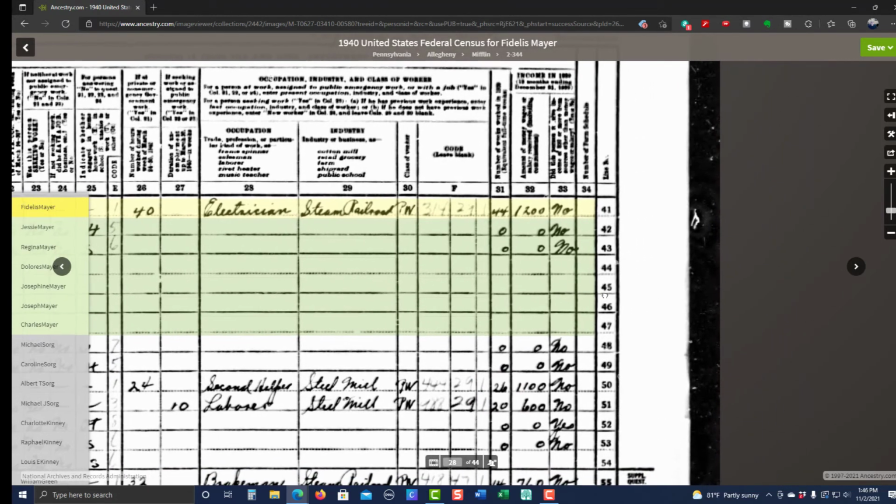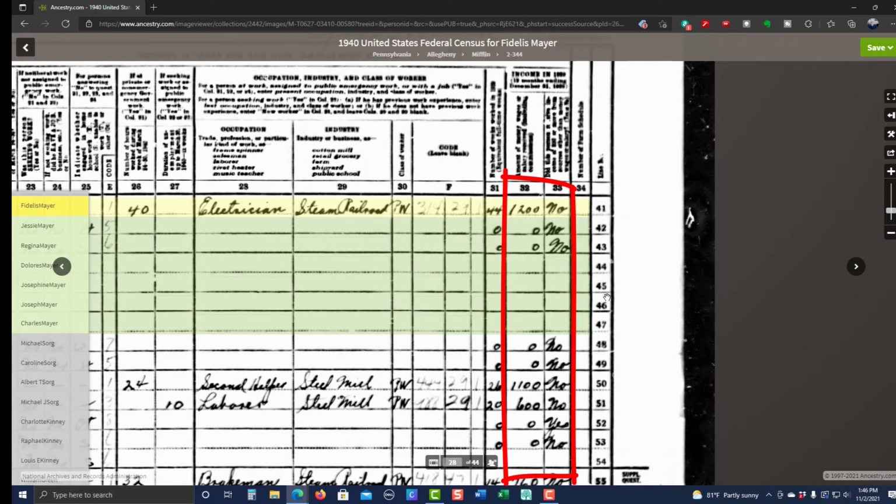Okay, then over to column 32, where 32 and 33 refer to income in 1939. And they specify the 12 months ending December 31st, 1939. In 32, it asks for the amount of money, wages, or salary received, including commissions.